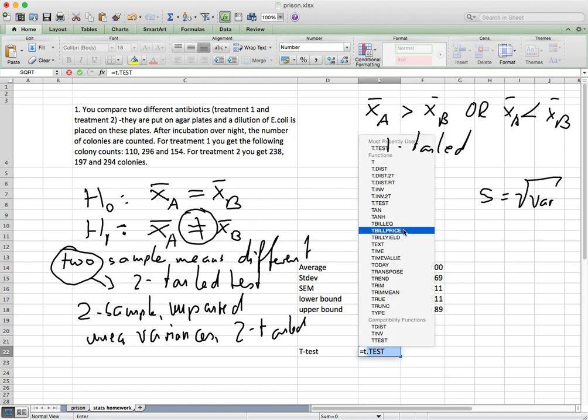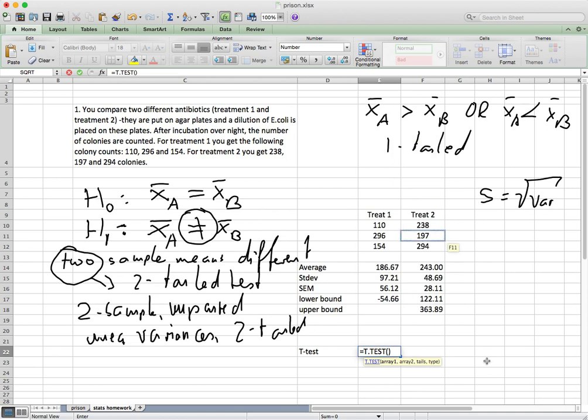Again, we start typing t, and depending on the settings, we already come up with Ttest. Now it asks us for the first array, that's this one here, separated by a comma. Then we do the second array, separated by a comma.